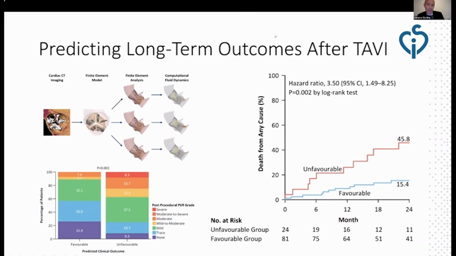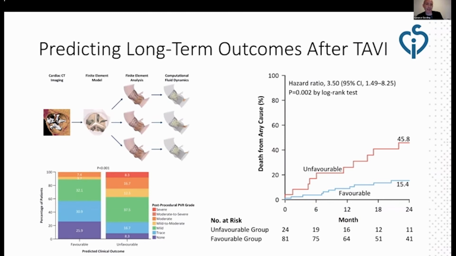An interesting thing that we've been working on in the last 12 months is that we know that the computer simulations are reliable at predicting paravalvular regurgitation, and we know that paravalvular regurgitation is associated with long-term outcomes. So the logical question is, can the computer simulations predict which patients are going to have a poor outcome long-term after TAVI? I think this is quite an important consideration as we move into these younger patient cohorts.